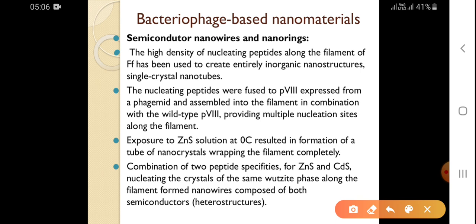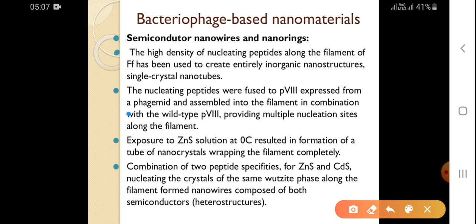In this case, the high density of nucleating peptides along with the filament of the filamentous phages is used to create inorganic nanostructures, single crystal nanotubes. So here the nucleating peptides are fused to P8. Remember, P8 is a protein of M13. Now this is expressed from a phage.